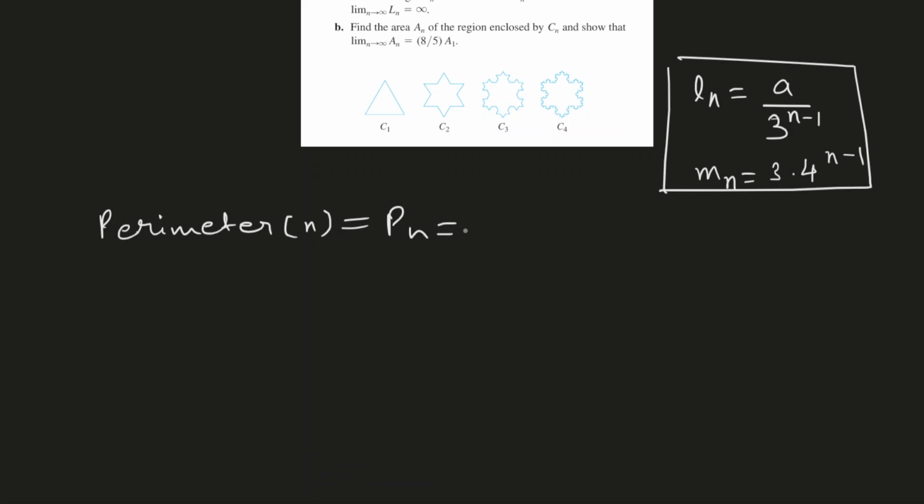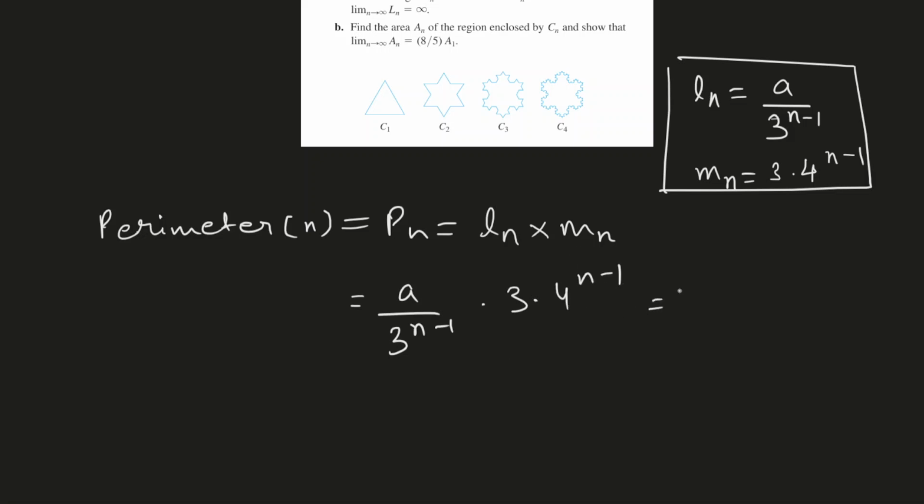So the nth perimeter would just be the length of a side multiplied by the number of sides. So this would be A divided by 3 power n minus 1 times 3 times 4 power n minus 1.